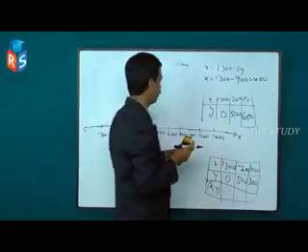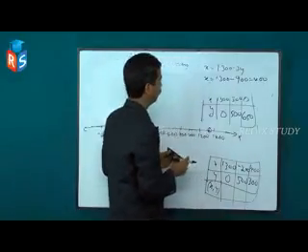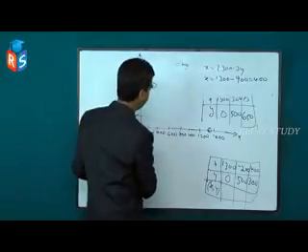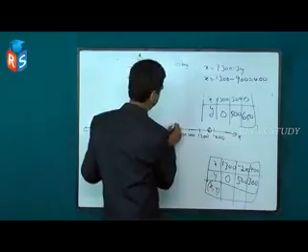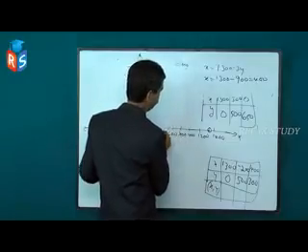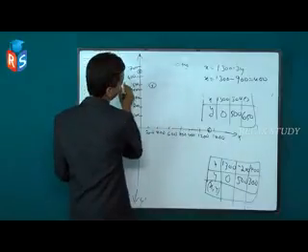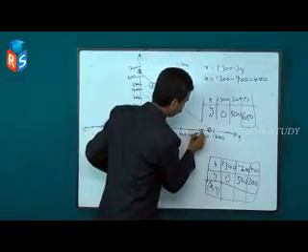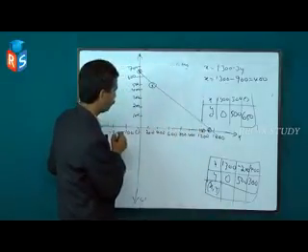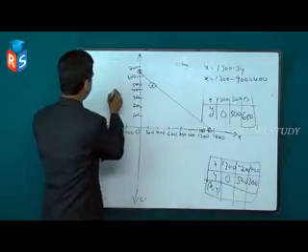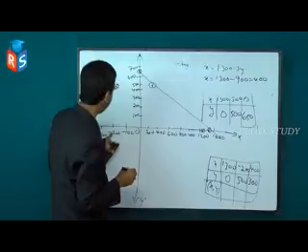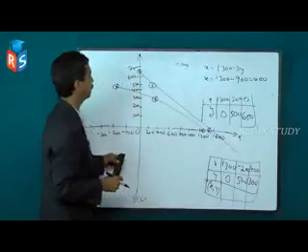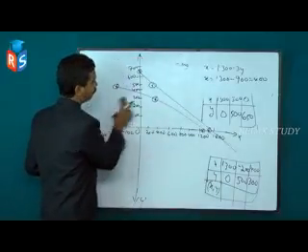First case: 1300, 0; then 300, 500; then 0, 650. So the graph goes like this. Second case: 1300, 0; then minus 200, 500; then 400, 300. So it goes like this. They will meet at a point. So this is the graphical representation.